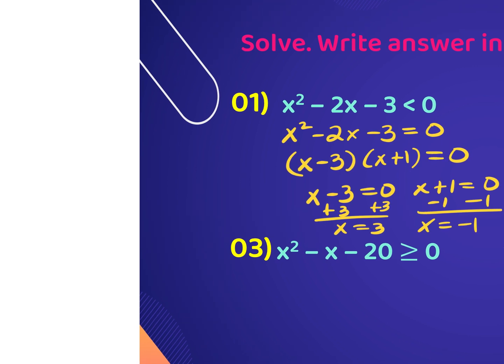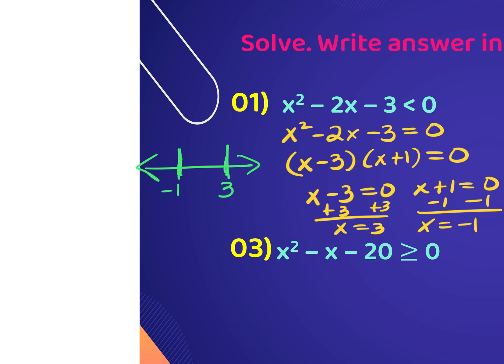So I'm going to go ahead and draw a number line here. I'm going to put the numbers on my number line least to greatest. So I put the negative 1 first, and then the positive 3. These two solutions that I found from the quadratic equation have broken my number line up into 3 sections.